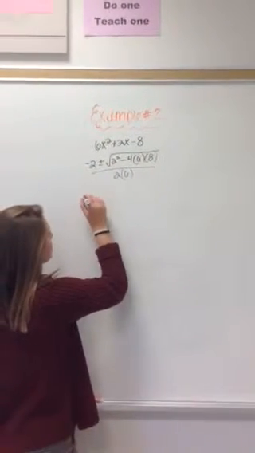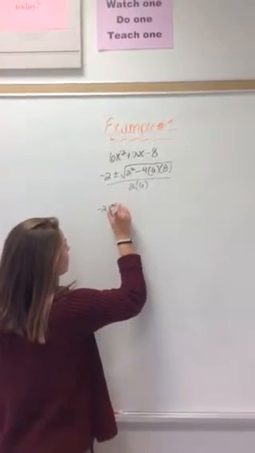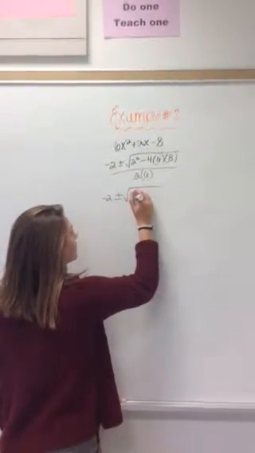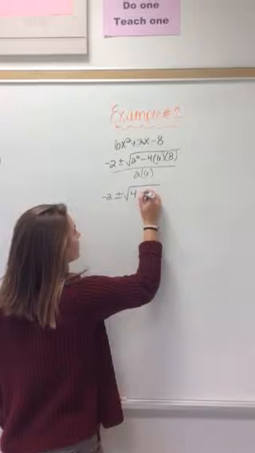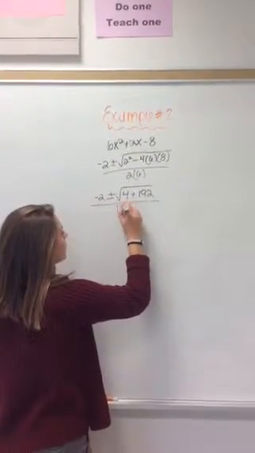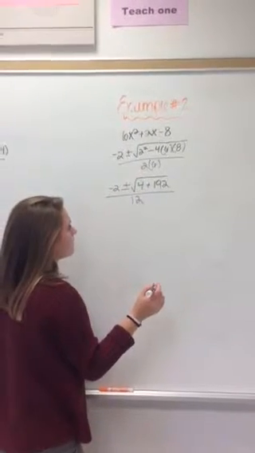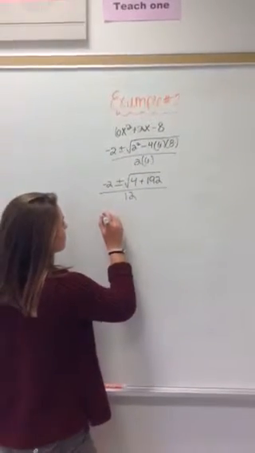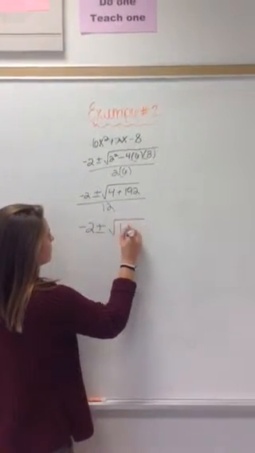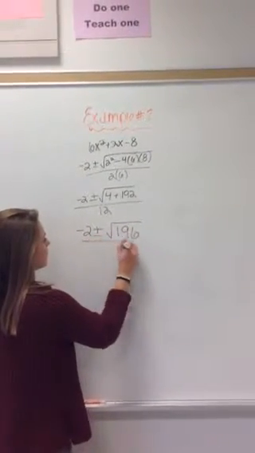Now to simplify this, we would get negative 2 plus or minus the square root of 4 plus 192, over 12. And just as we did in the first problem, we will reduce the numbers in the radical to get negative 2 plus or minus the square root of 196 over 12.